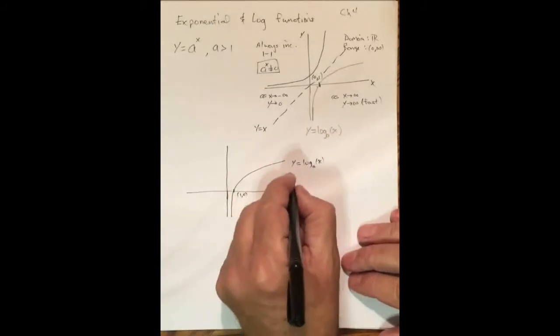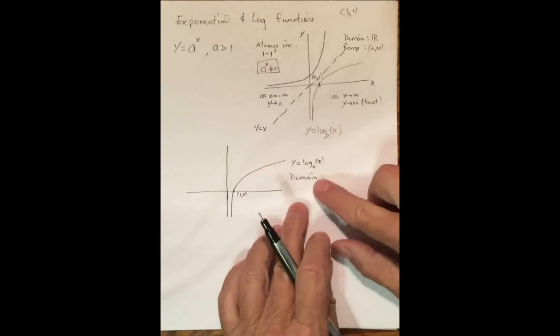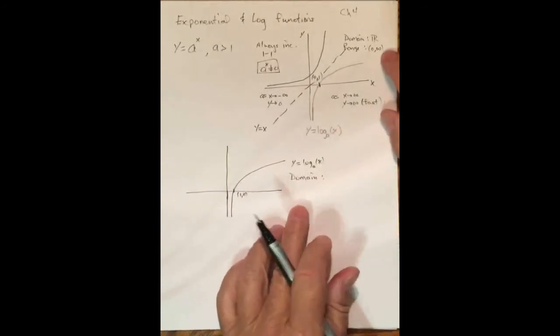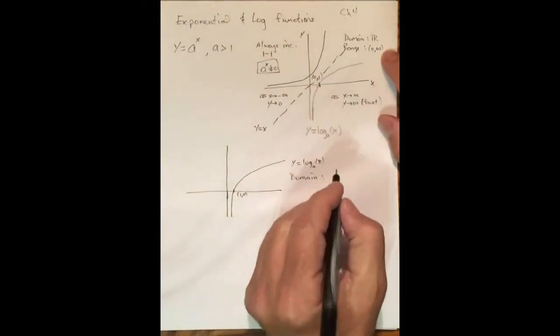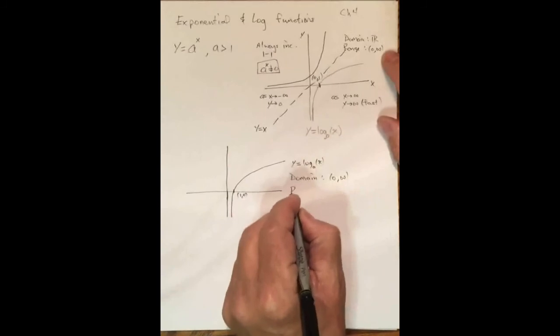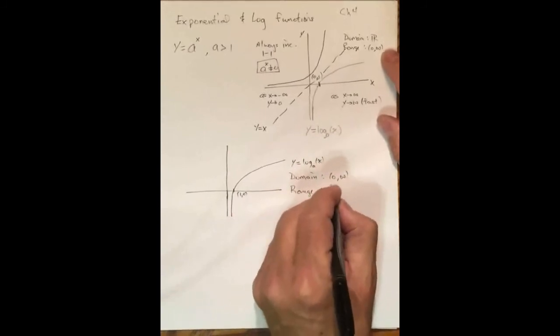Now, the domain: well, the x values for the inverse have to be equal to the y values in the exponential function. So the domain is going to be from 0 to infinity, and then the range is going to be all reals.